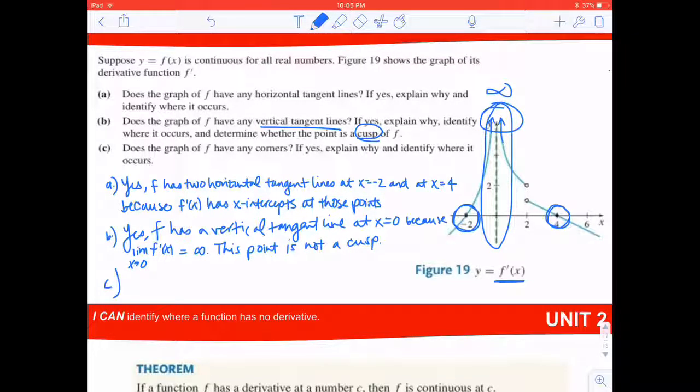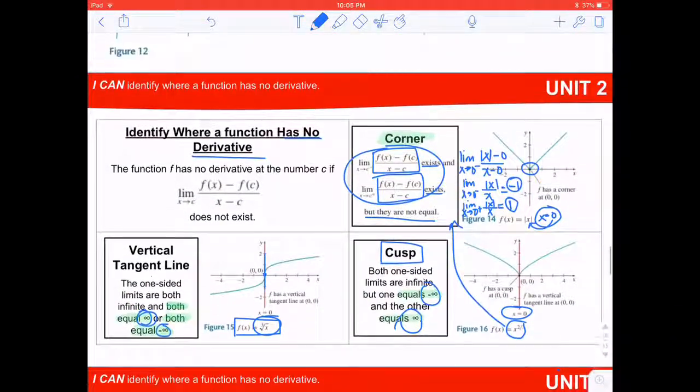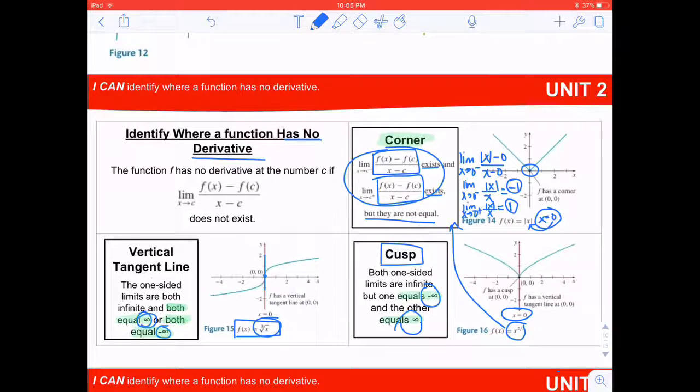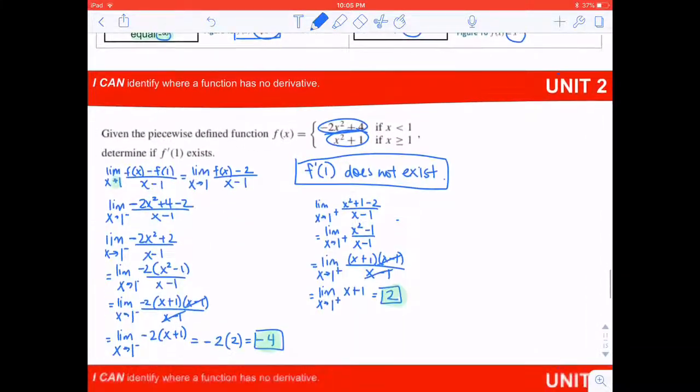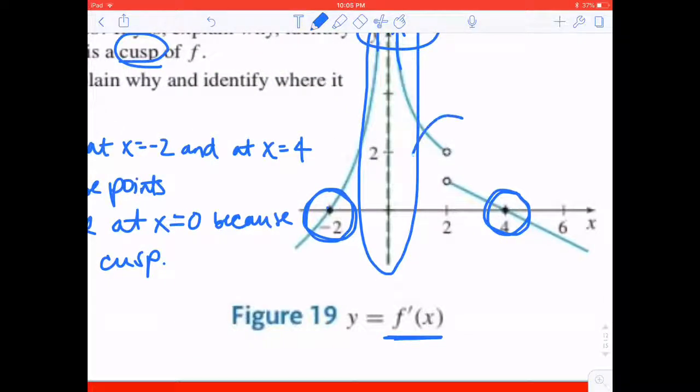Part C, we want to determine if the graph has any corners, and we want to explain why. So going back to our chart here, we know that we have a corner when each of these limits exists, but when they are not equal. So let's look at the derivative function. We see one point here when x is equal to 2, and the limit from the left side of that exists.